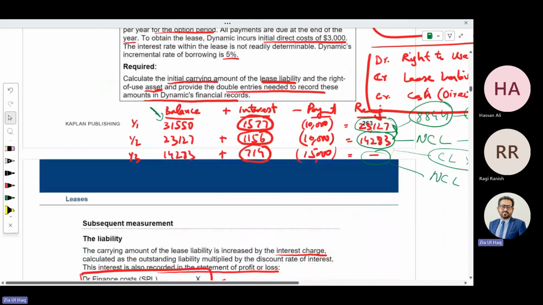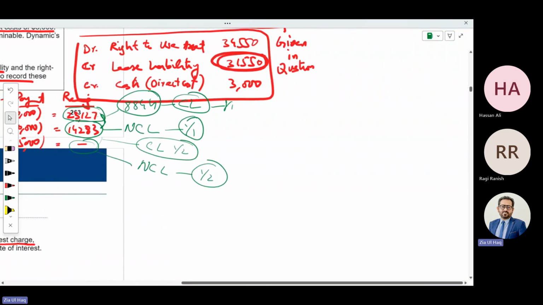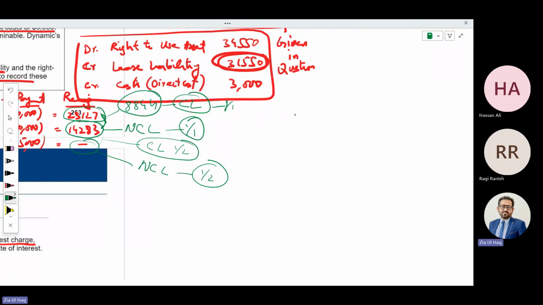Instead of this calculation, we can make it like this. We can say year one started at 1st of January. So on the 1st January of year one, the present value of the lease at start was 31550.